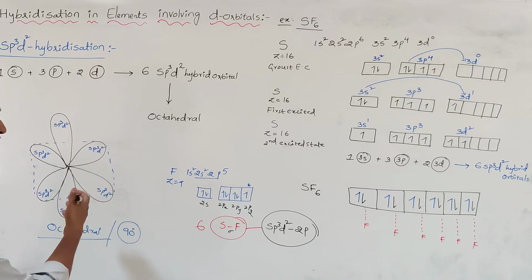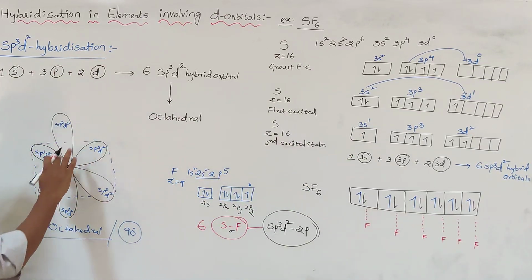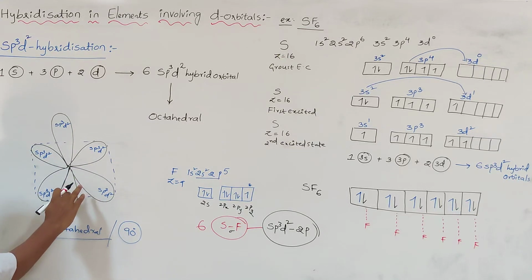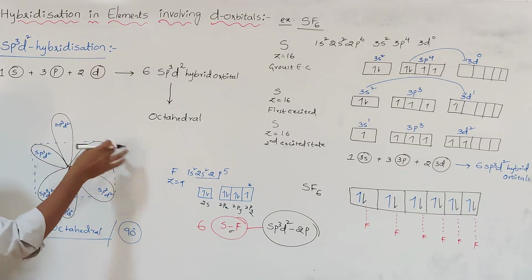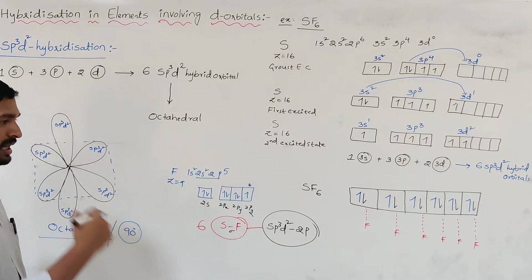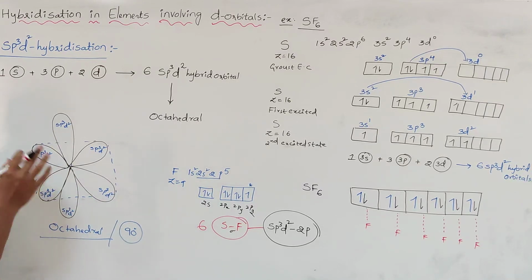We may also draw the diagram. These 6 sp3d2 hybrid orbitals adopt this geometry, and after that the 2p orbital of fluorine overlaps, as we discussed in the earlier example. I won't write the structure here because you can easily understand this topic.